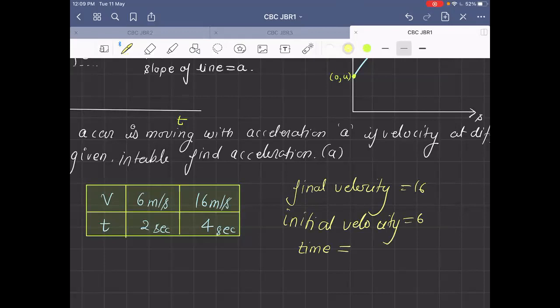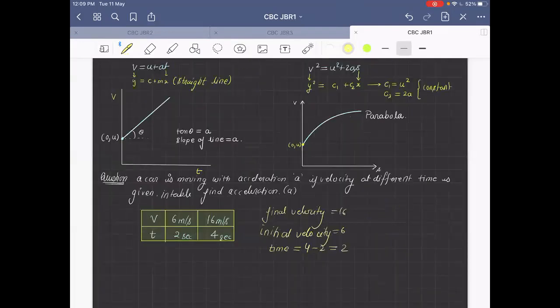What is the time between initial and final? 2 seconds. 4 minus 2, 2 seconds. If you got this, getting acceleration is no problem. V minus u divided by t. So acceleration will be 16 minus 6 divided by 4 minus 2. And voila, we got 5 meters per second squared. Right? Easy. So I'm going to give you a similar type of question, but you need to solve it.